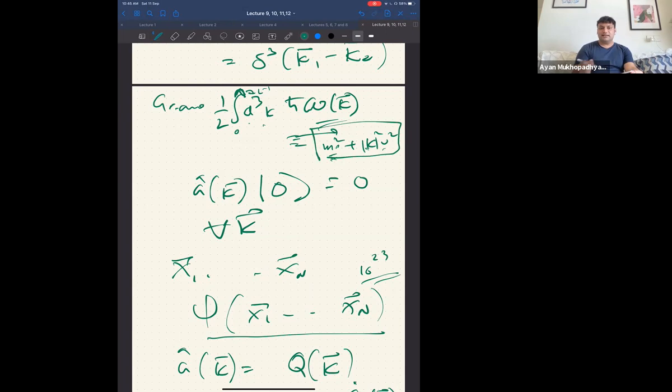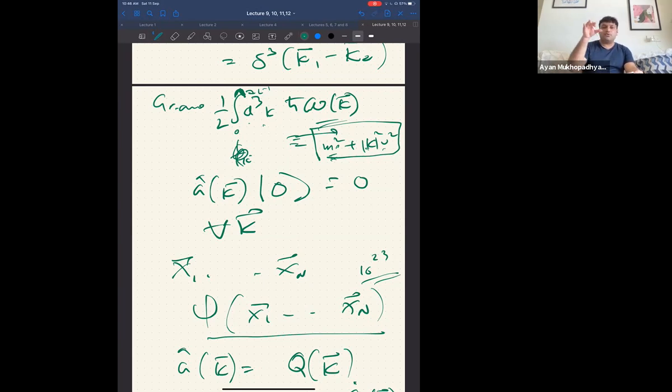It will fall off, with something like 1 over mod k behavior. But this is not what we're interested in. We are not interested in large k, because the field theory itself is valid only for k less than some lambda. So it's not necessary for me to go to very large k. If I retain only the small k terms, this is a divergent integral. But who cares? The energy of the ground state is not an observable.